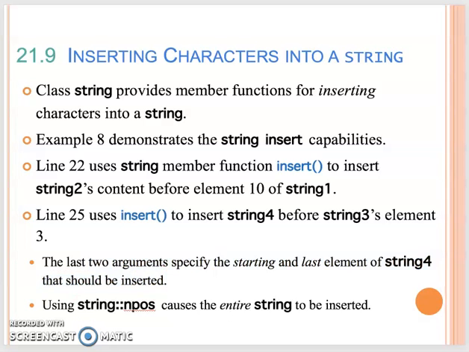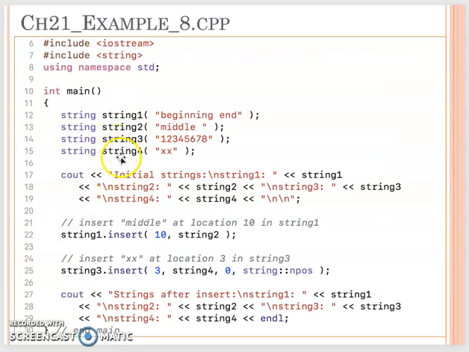So then we will see here, we have 4 different strings. We will see how string 1 and 2 insert 2 to 1, what will happen, then insert 4 to 3, what will happen. So the first thing, of course, we will display the original string in the console.